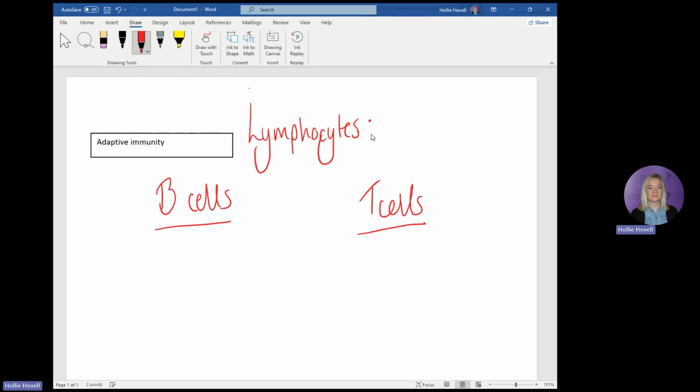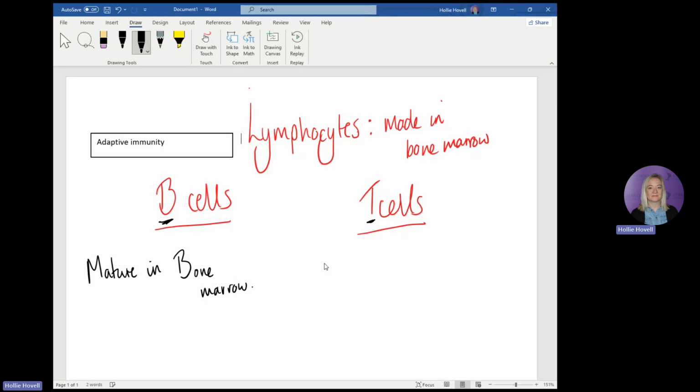Now, all types of lymphocytes are made in the bone marrow, but the name of them is named after where they mature. So B cells mature in the same place. They mature in the bone marrow. So they were made in the bone marrow and they mature in the bone marrow.